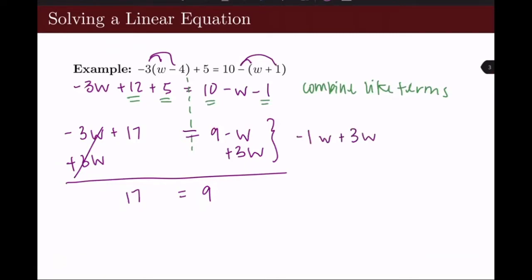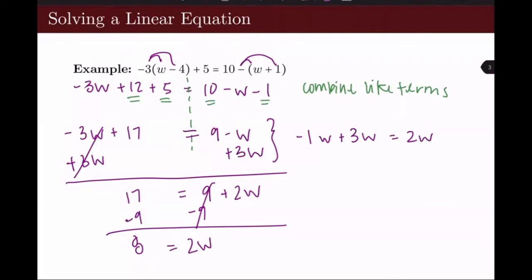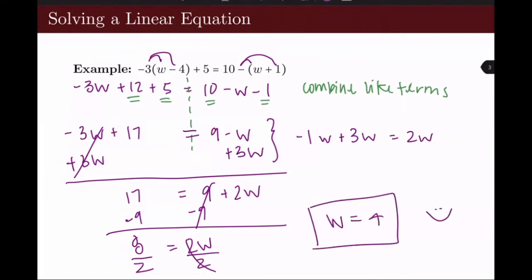Which is going to be 2 w's. Then we subtract 9 from both sides. And 17 minus 9 is 8. Lastly, we'll divide by 2. So we get w equals 4. Moving on.